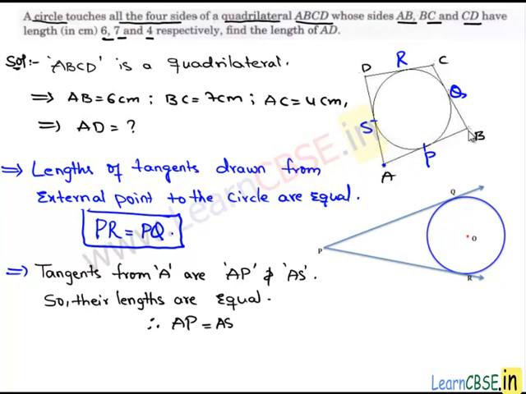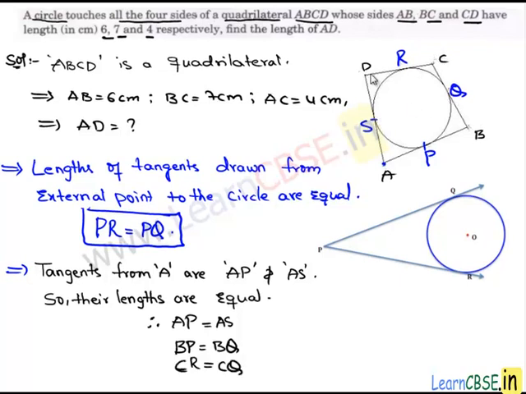Similarly, the lengths of the tangents from B, BQ and BP, are equal. Therefore BP equals BQ, and the lengths of the tangents from C, CR and CQ, are equal, and also the lengths of the tangents from D, DR and DS, are equal. Therefore we have got 4 conditions, and we use these conditions to get the remaining side.